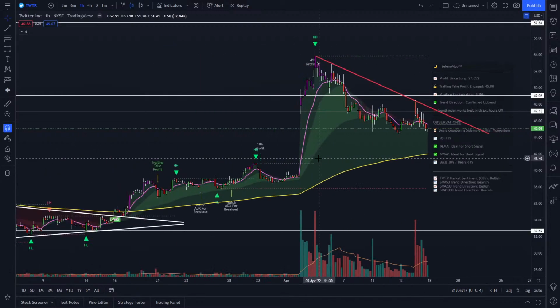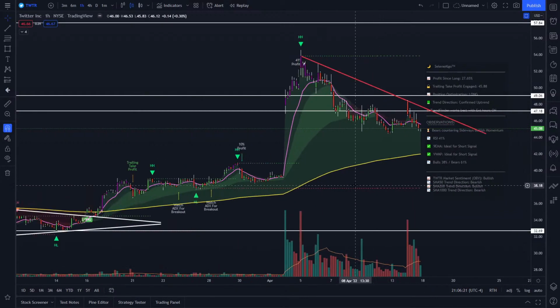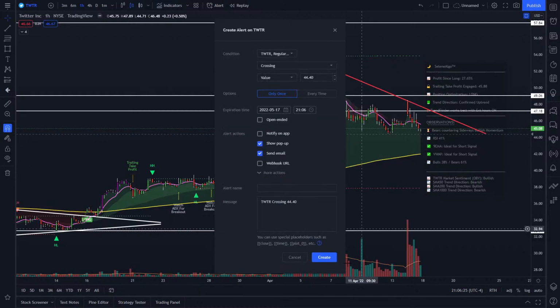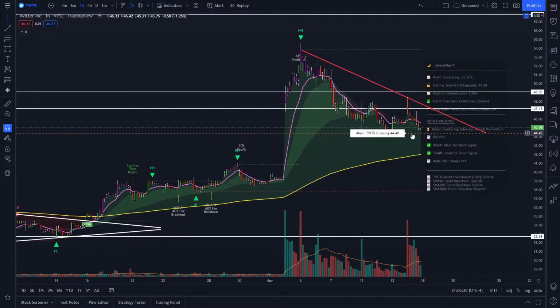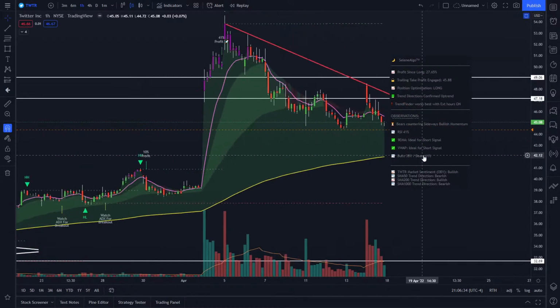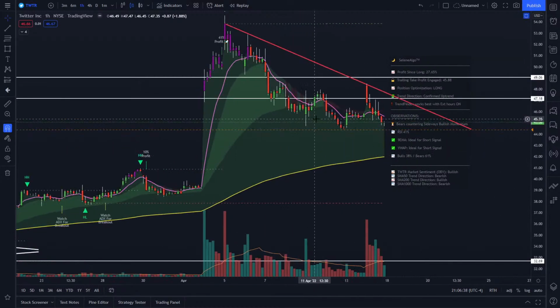Everybody's got to see that downtrend. We'll take puts if we go below 44.40. I'm not looking for calls.